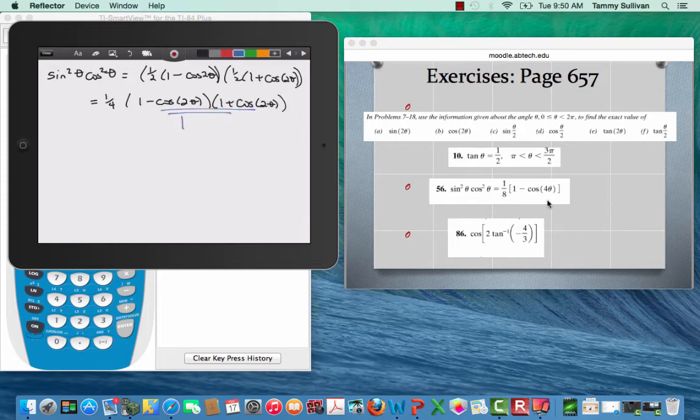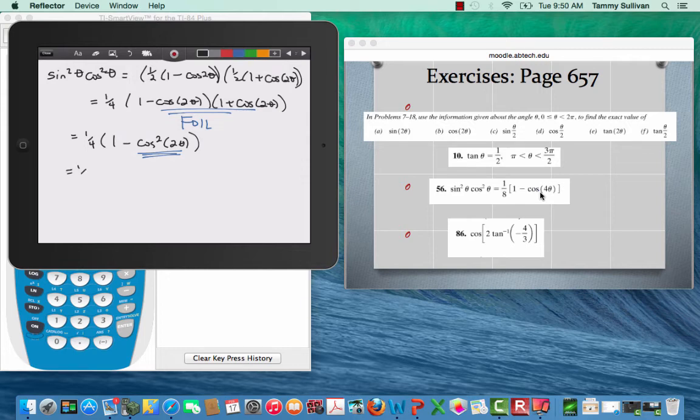Now you're going to FOIL that out, and when you FOIL that out, you're going to be left with 1 minus cosine squared of 2 theta. And when you're looking at that, that's not exactly what they want. So I could go through and notice that that is also the double angle formula again.